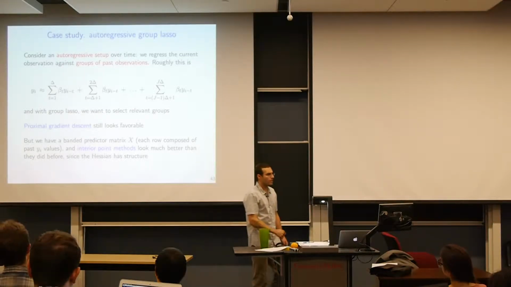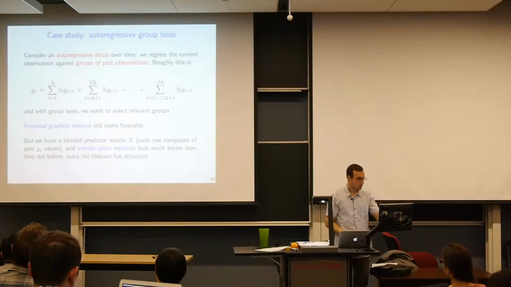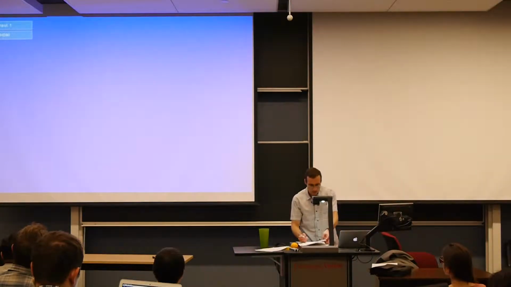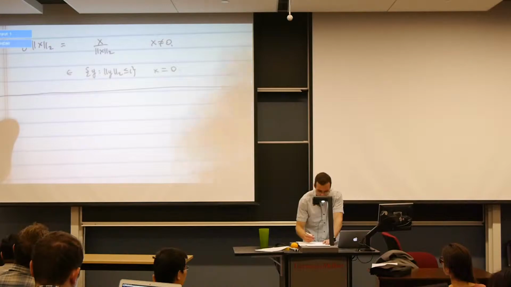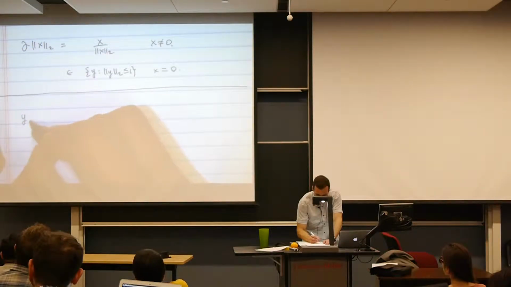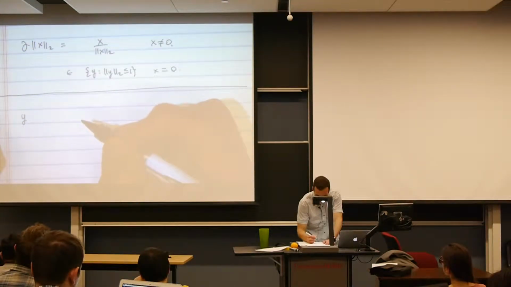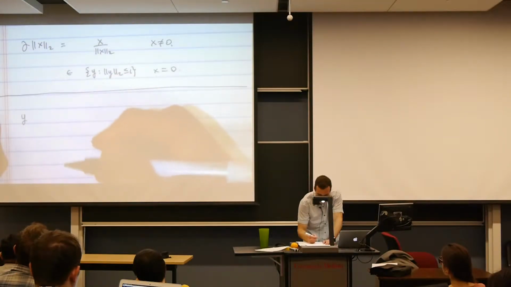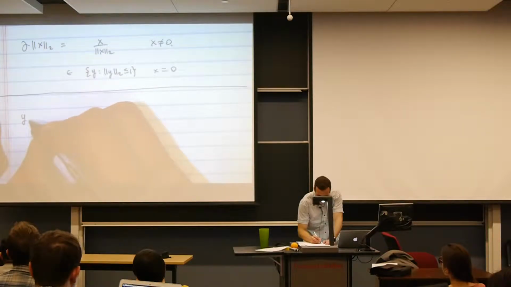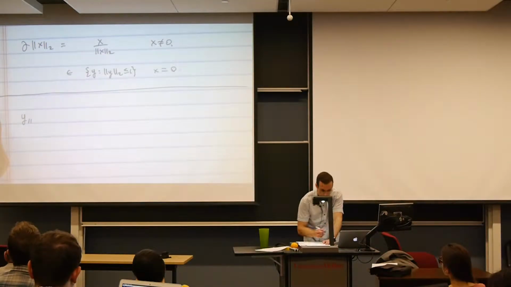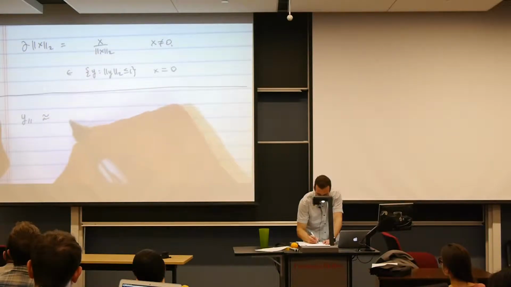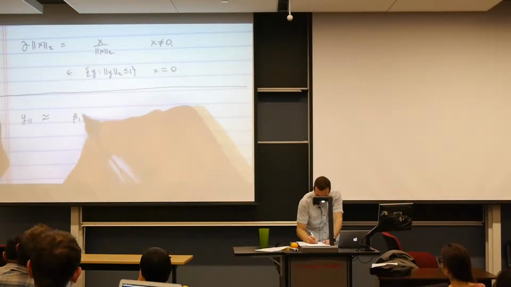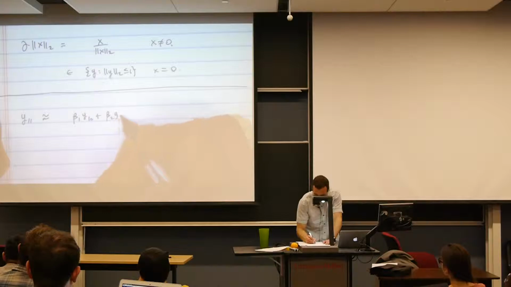So let's draw the X matrix so that you can get a sense for what it looks like. My model here is saying that y, say y11, and let's just do groups of 2, is approximately equal to beta 1 y10 plus beta 2 y9.